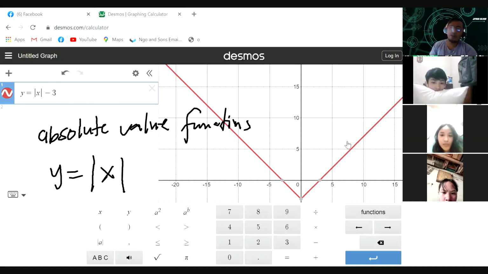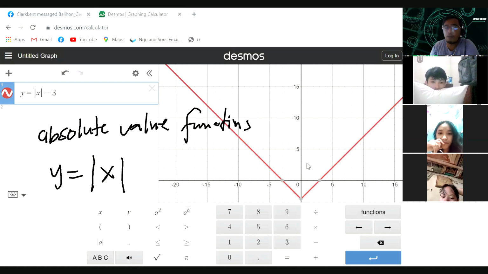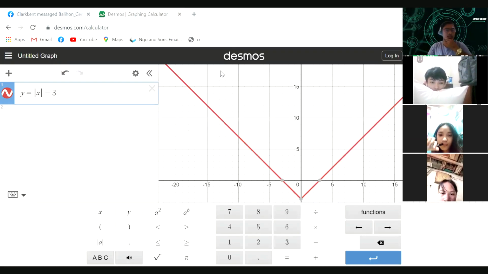We will discuss further how to do that after we discuss the exponential functions. As of now, whenever an absolute value is involved in your function, the graph will look like a V. So that's it for the absolute value function.